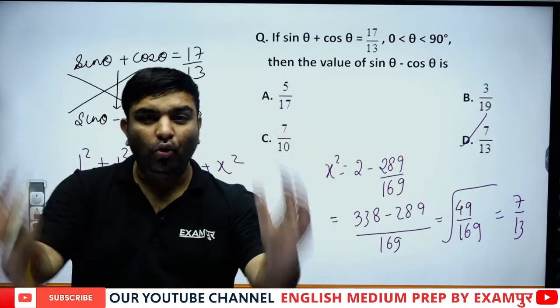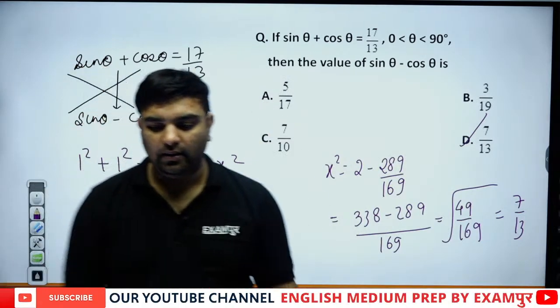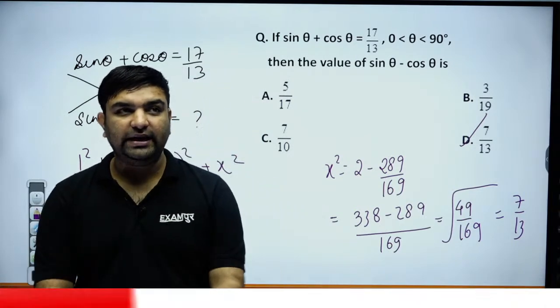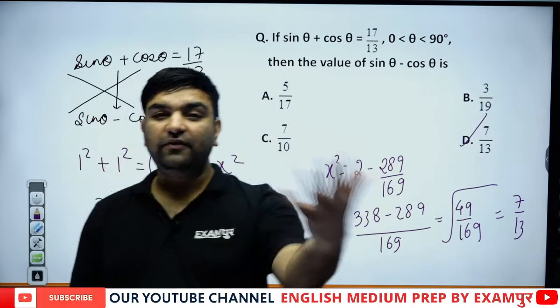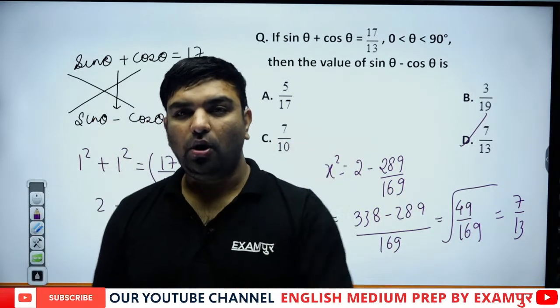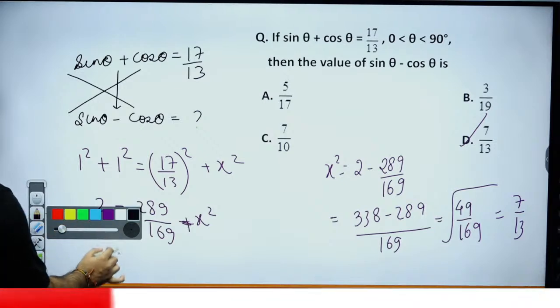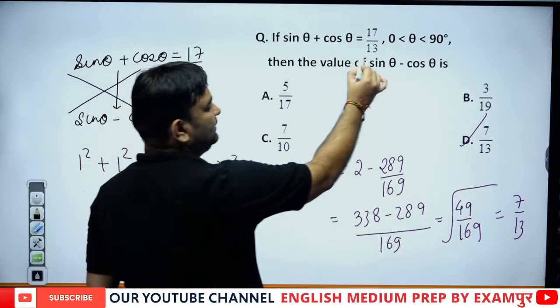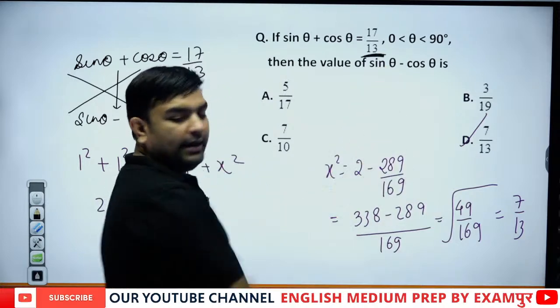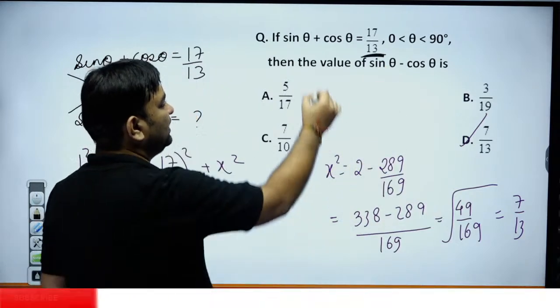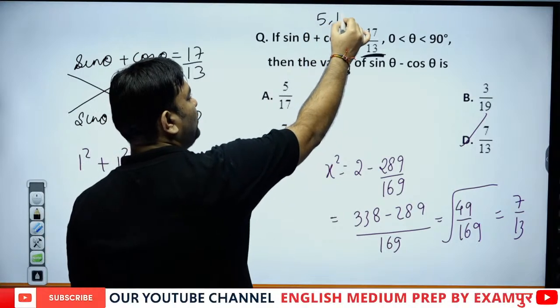And what is an easier way than this as well? The observation. As we know, there is a triplet with 13. What are the values of the triplet? 5, 12, 13.